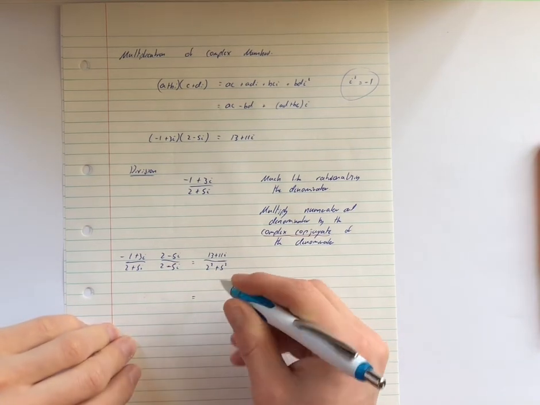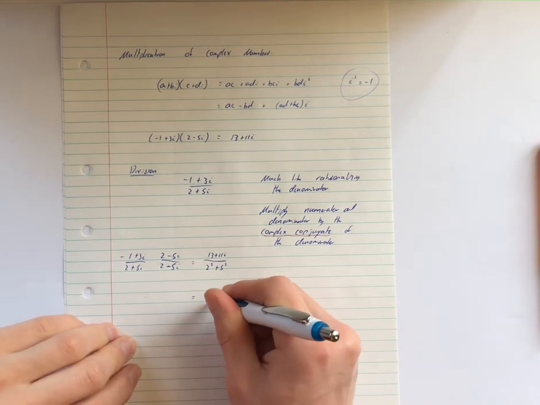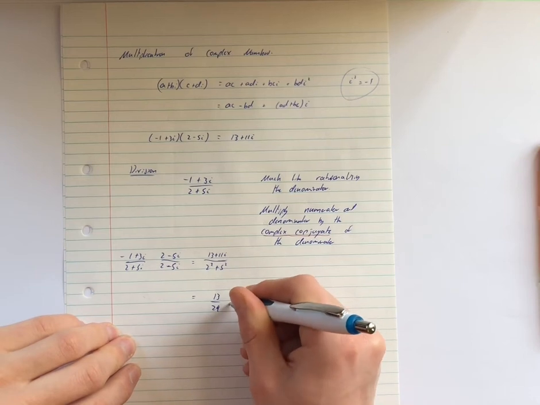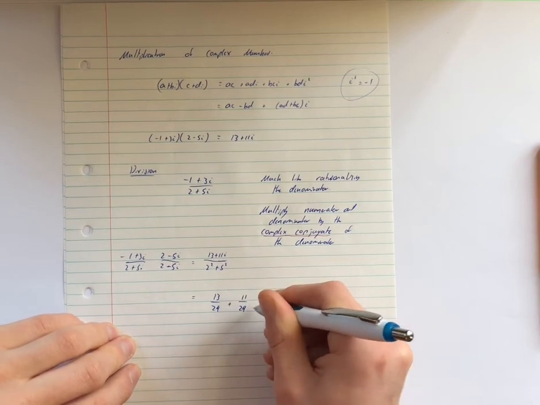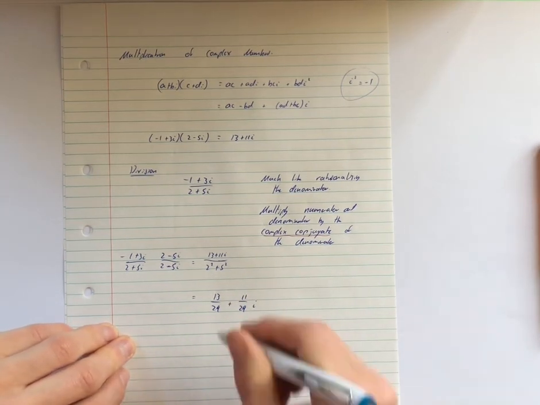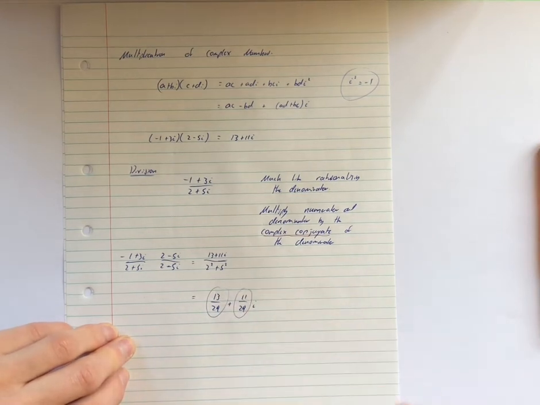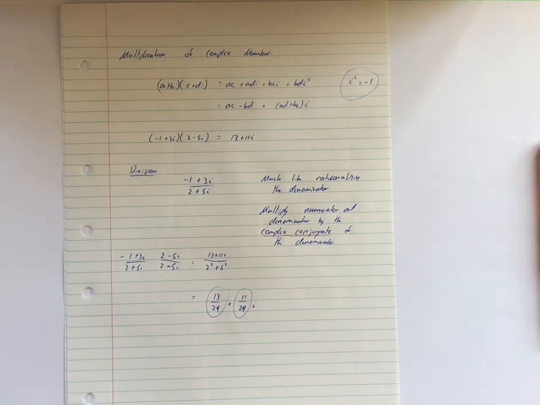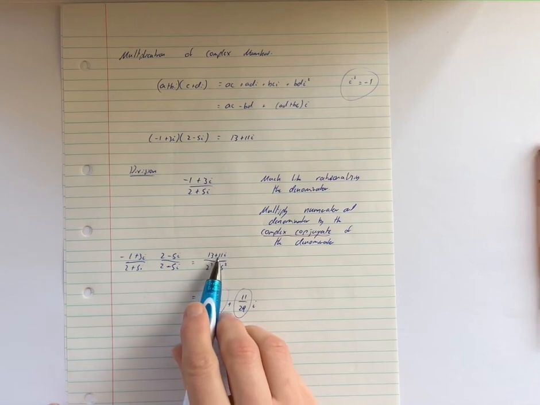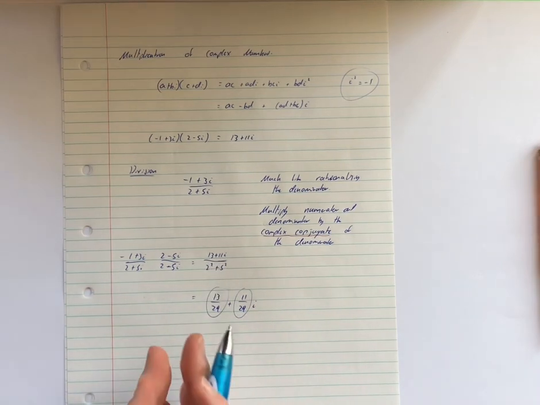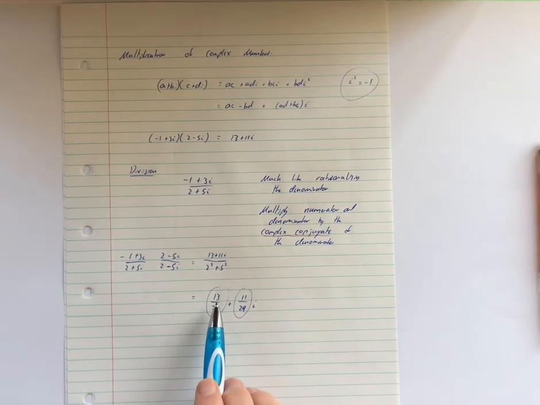So this actually becomes 13 over 29 plus 11 over 29i. We usually want these written as real parts and imaginary parts. We wouldn't like to write this as (13 plus 11i) over 29. We usually like them split into real and imaginary.